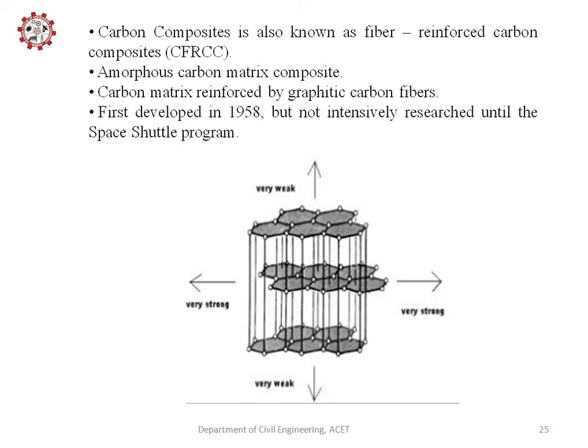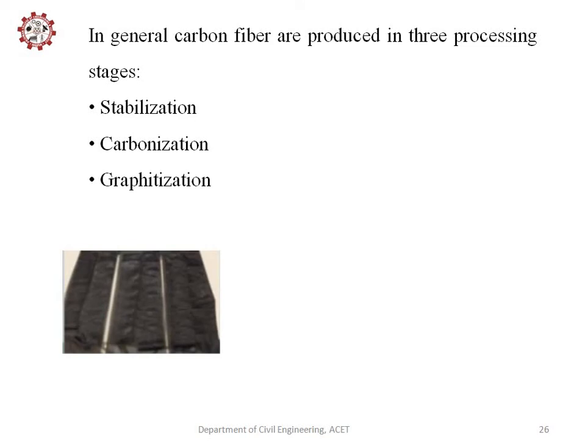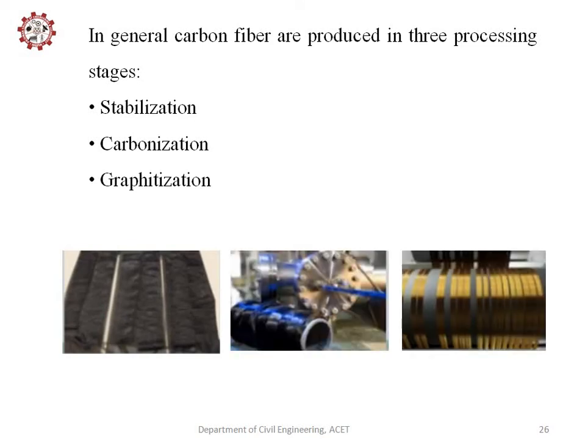You can see the structure of the carbon composite material. Vertically it has a very weak bond, and horizontally, as you can see, it has a strong bond. In general, carbon fibers are produced in three processing stages: stabilization, carbonization, and graphitization. This is the first part, second part, and third part.